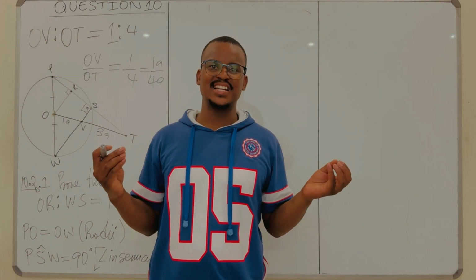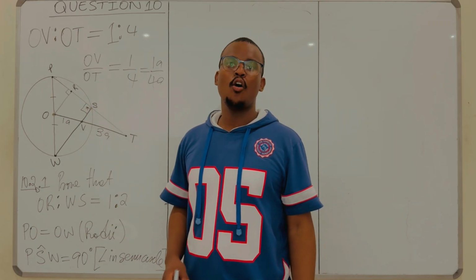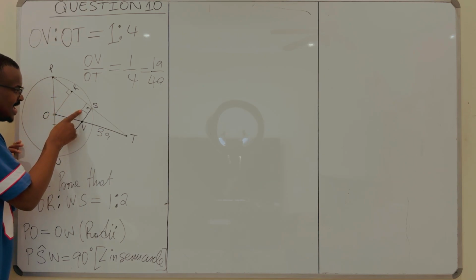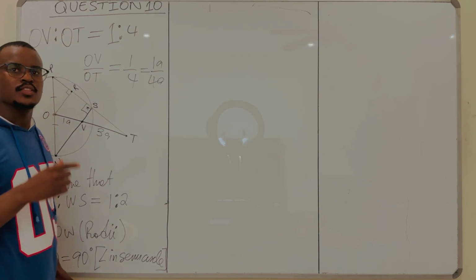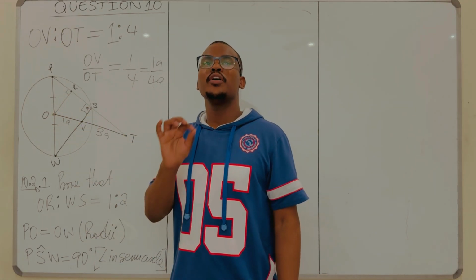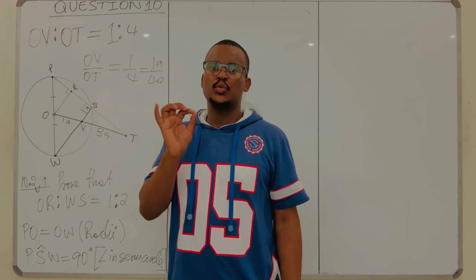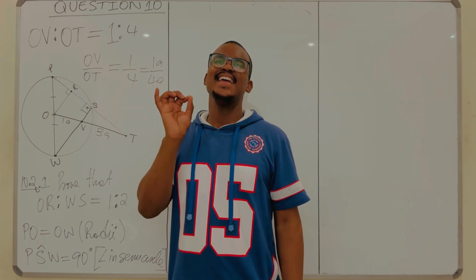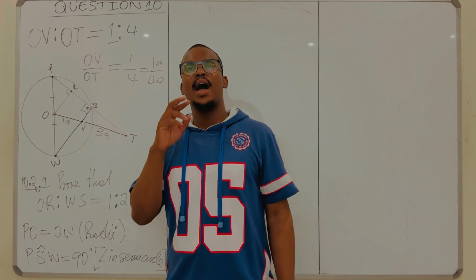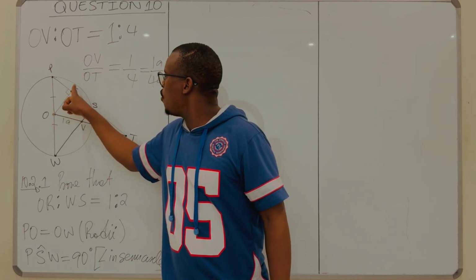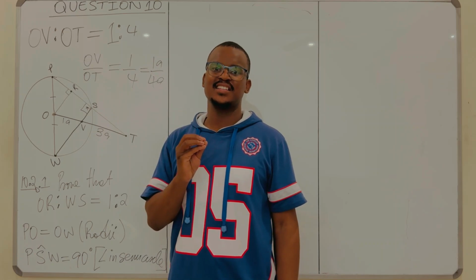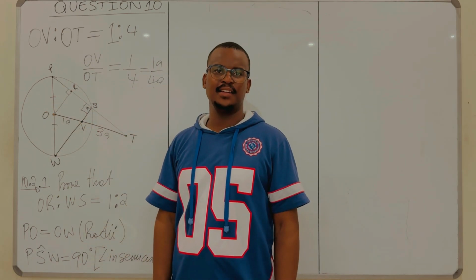It's the first thing I teach in my bet actions, angles on parallel lines. So angle R and angle S are corresponding angles, and they are equal. If you have two lines intersecting a transversal, a third line, at the same angle, then the two lines are parallel, which means your OR is parallel to WS. Go to my playlist and watch my bet actions there, where I explain this clearly.